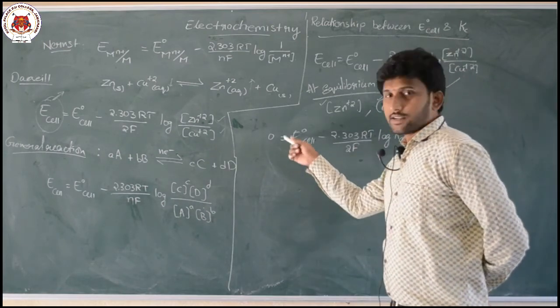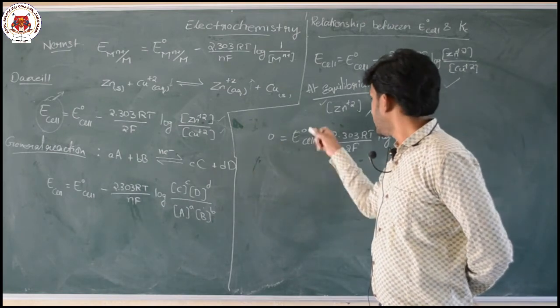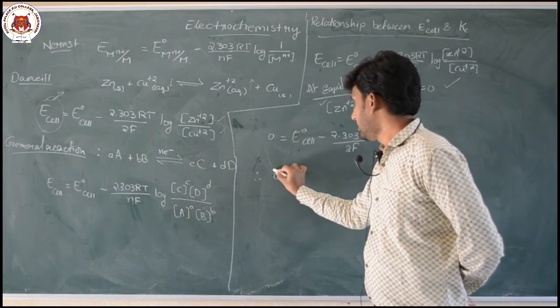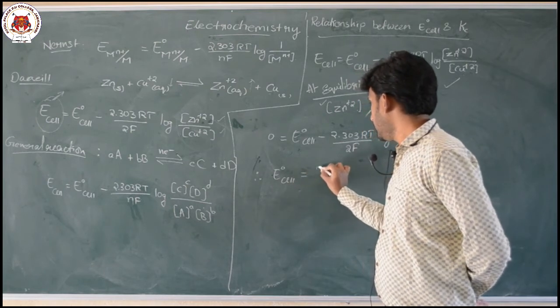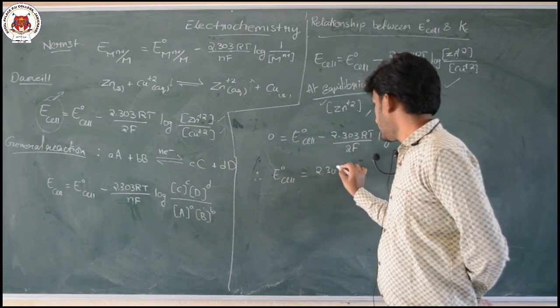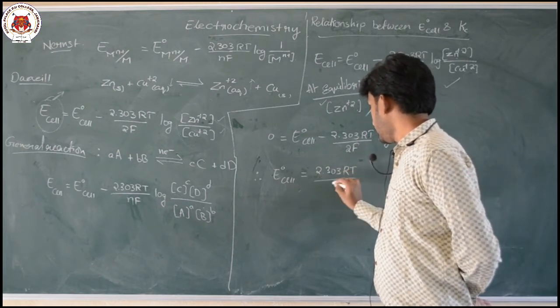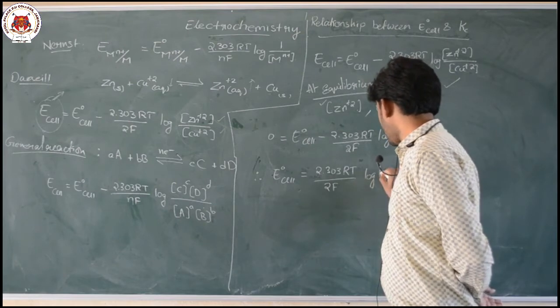Now, if I take E naught cell to this side, then a negative sign will come, and the negatives cancel. So finally I can write, therefore, E naught cell is equal to 2.303 RT by 2F log Kc.